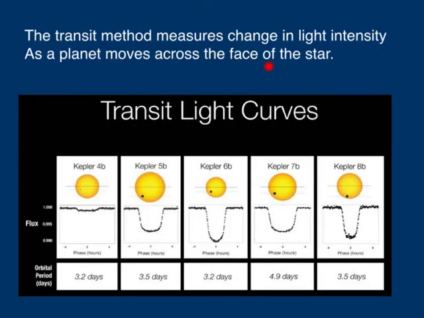The other method for figuring out whether a star has a planet is called the transit method. This method is based on the fact that when a planet goes between the star and us, the brightness of that star is going to have a little dip in it as the planet goes across.